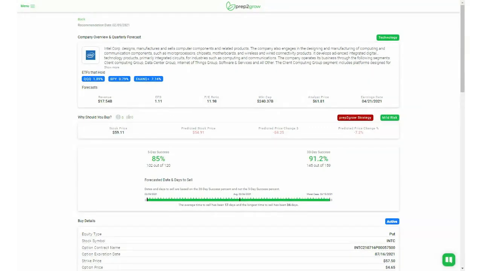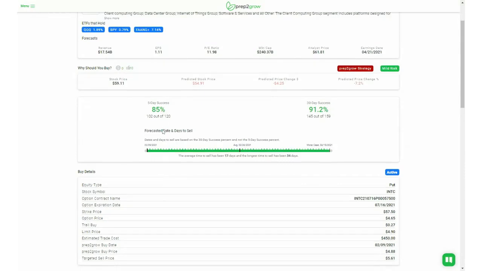Other notable changes: right now for options, we have our predicted stock price change. We're going to add in our predicted option price change as well. So you'll be able to see the predicted option price increase. Right now the stock's 7.2%, right? We're going to tell you what that actually means for an option price. What's a theoretical max limit you can get on this option recommendation?